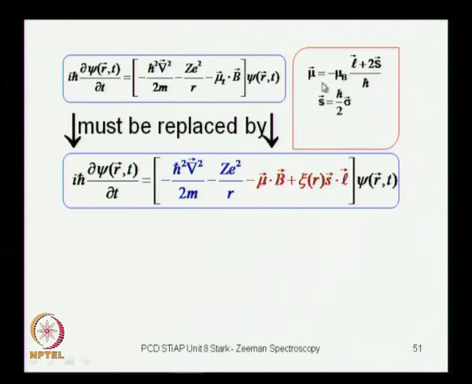So, this mu is minus mu_B, the Bohr magneton, times (L plus 2S) over h cross, where S is h cross over 2 times the Pauli vector sigma. So, you have this minus mu dot B term instead of the minus mu_L dot B term. There is an additional component here to include the magnetic moment of the electron spin, but then there are other perturbations.